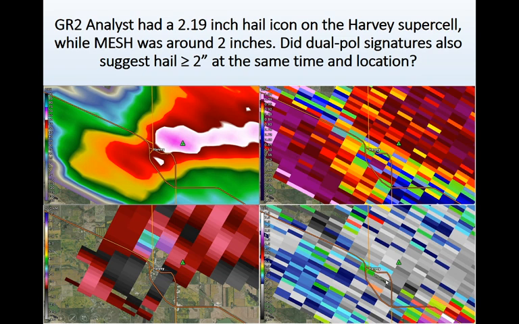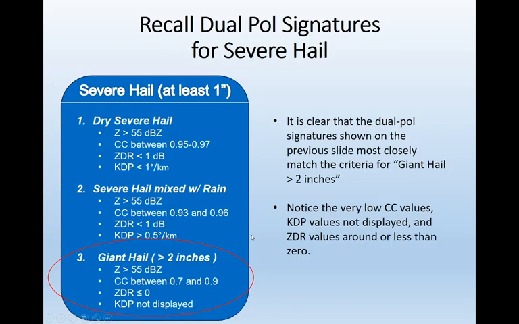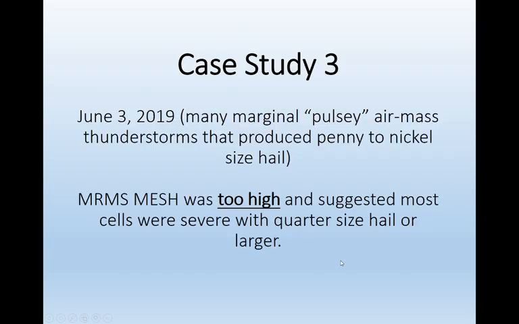And then ZDR values were also quite low. So you'll notice that if you bring my little checklist back up, yep, we very closely match what you'd expect to see with dual pole characteristics for giant hail that's at least 2 inches in diameter. So looking at all this information combined, you would start thinking maybe MESH is on the low side, and apparently GR2 was as well.